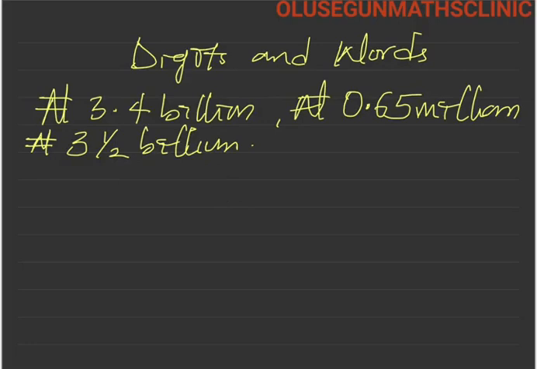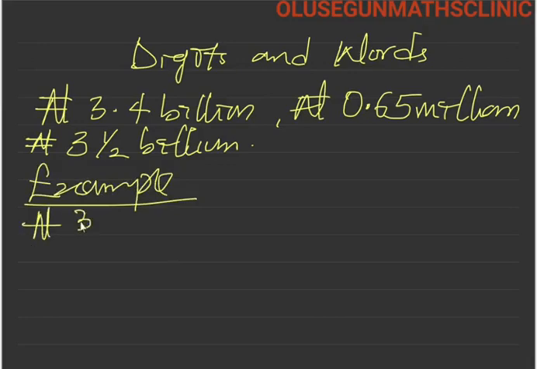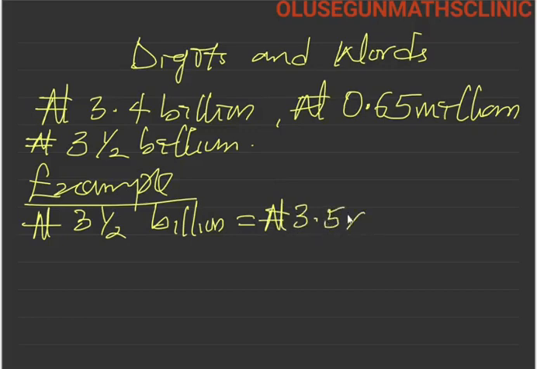So let's expatiate this way with an example. Somebody said 3.5 billion. 3.5 billion in Naira is 3.5 times 1 billion. And 1 billion is 1,000 of 1 million.